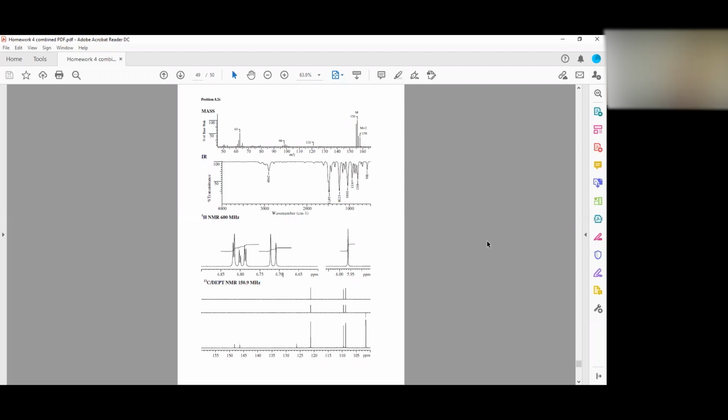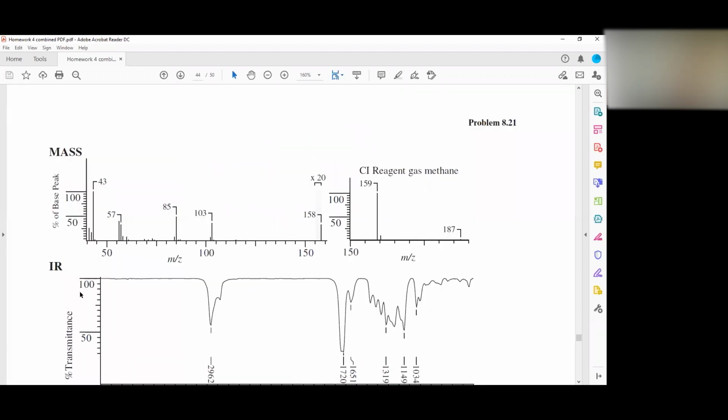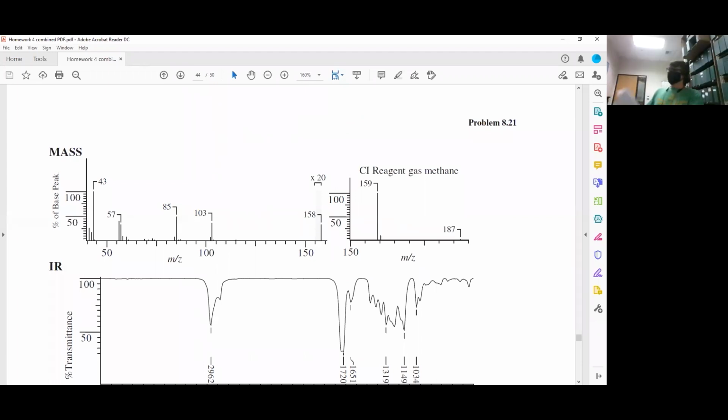Well, I feel like I was right on the edge of getting this one, but I just couldn't quite do it. 8.21. I don't know why this one was getting me. Aha. All right. No, I'm not muted. All right.